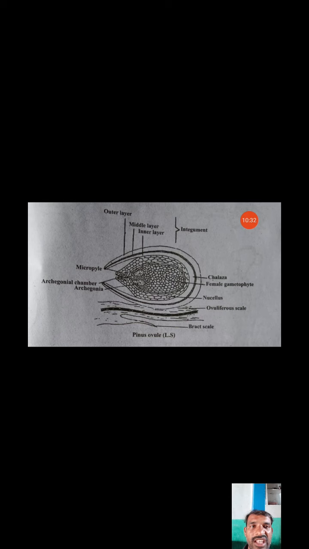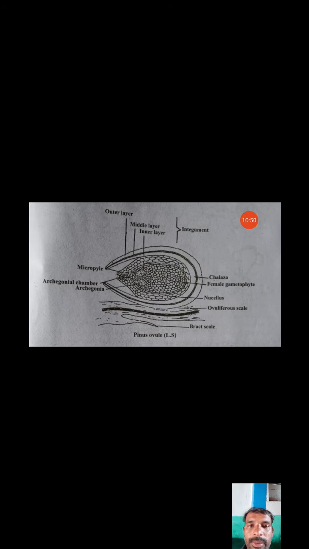See, this is a very important structure, the ovule present in the pine. Each ovuliferous scale possesses two ovules in an inverted and hanging position at the base. In the ovule structure there are different regions like the micropylar region and the chalazal region.